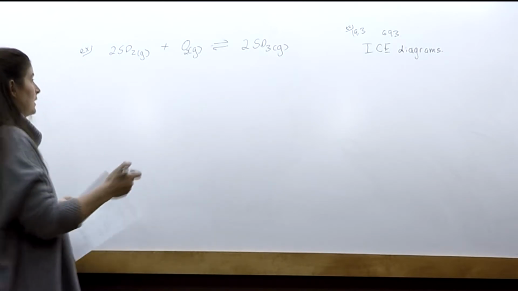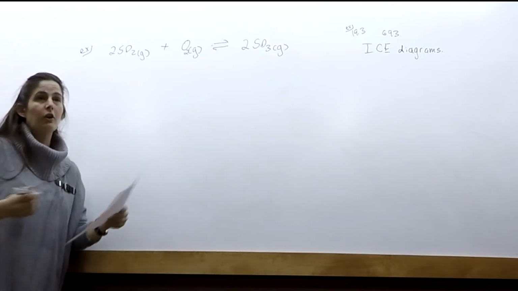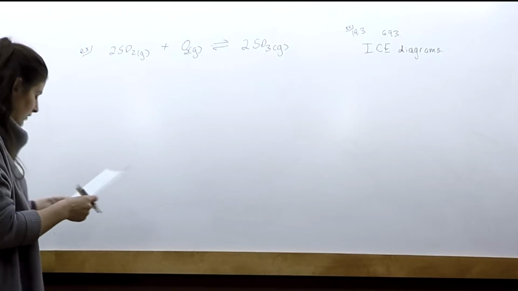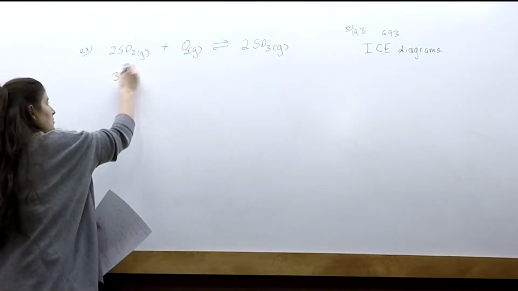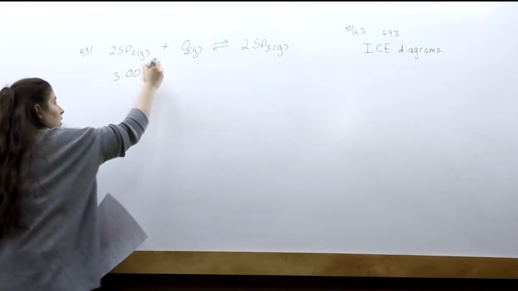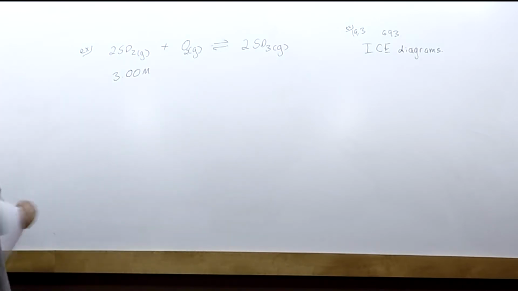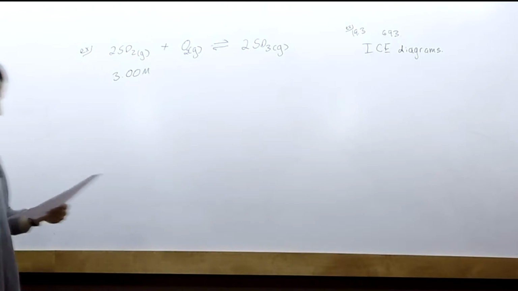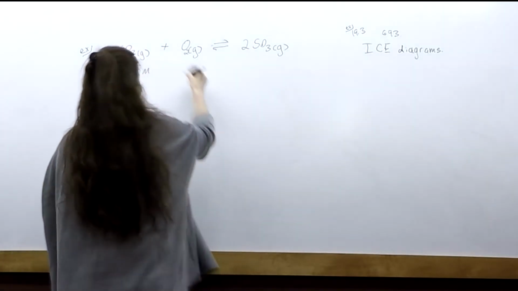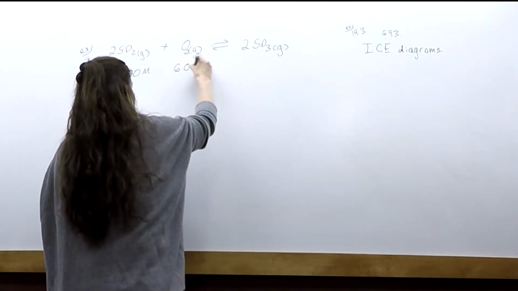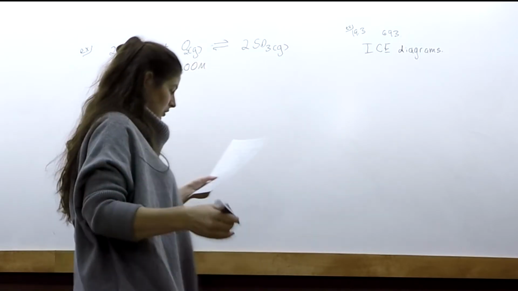Let's say that we are going to start this reaction here, and we have initial concentrations that we're going to start this reaction at. The initial concentration for 2 SO2 is going to be 3 molar. The initial concentration of our O2 is going to be 6 molar.